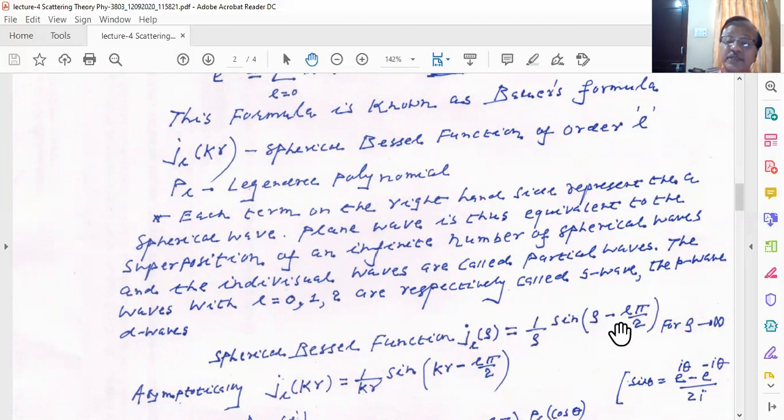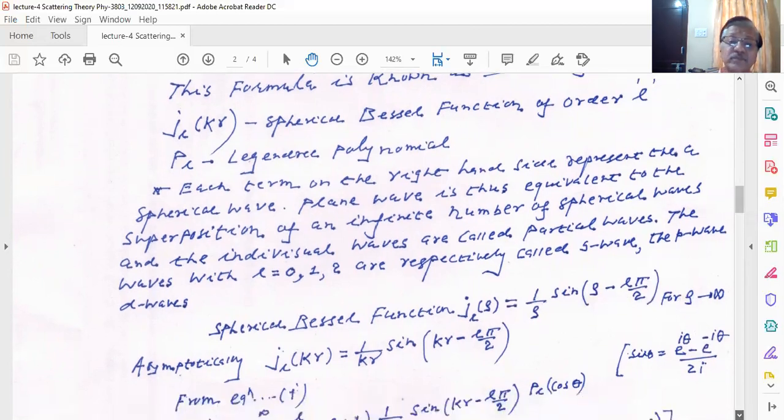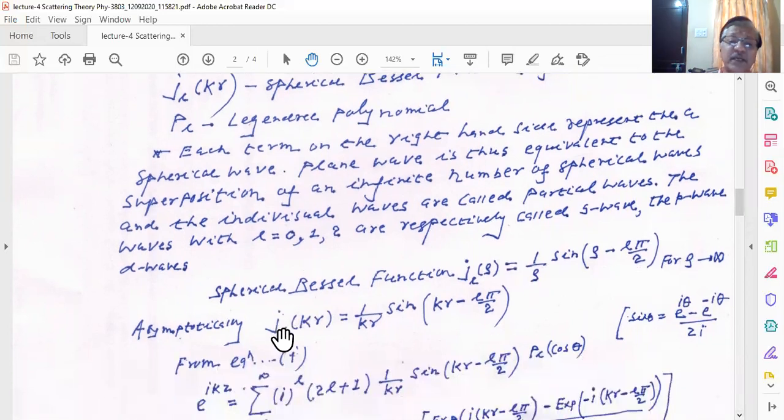Please remember these expressions. Similarly, asymptotically j_l of kr, where the argument rho is replaced by kr, is 1 upon kr times sine of kr minus l pi by 2. We have to remember this expression for when rho is very large, when we study the asymptotic behavior.